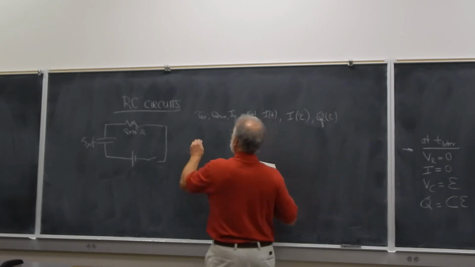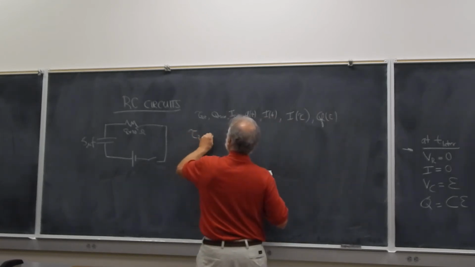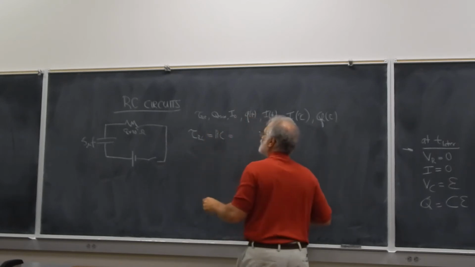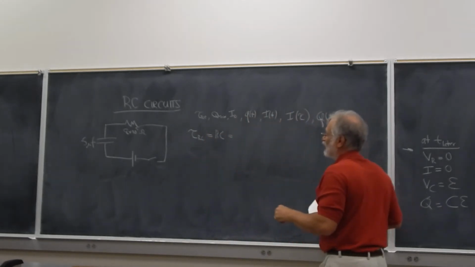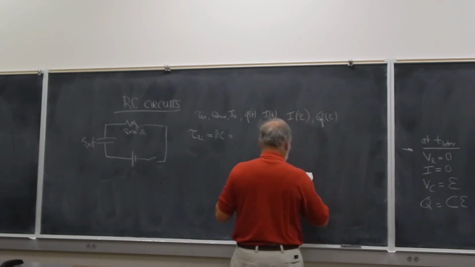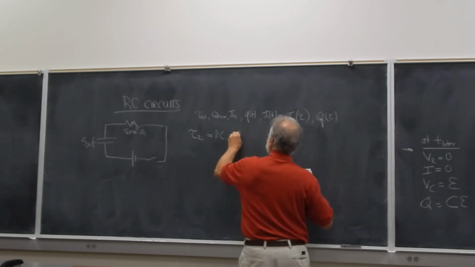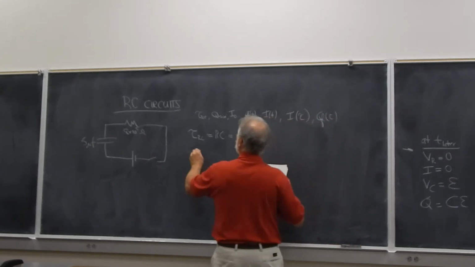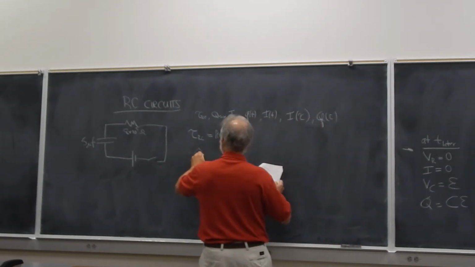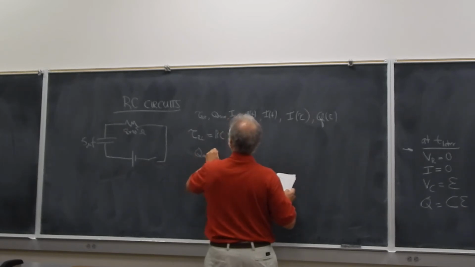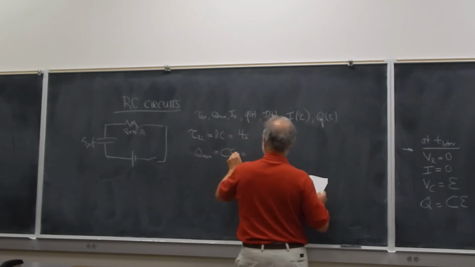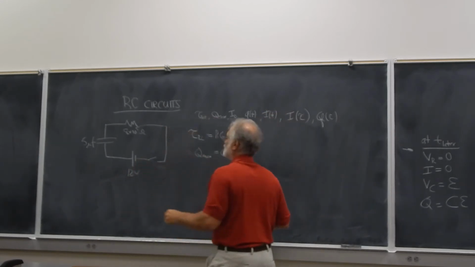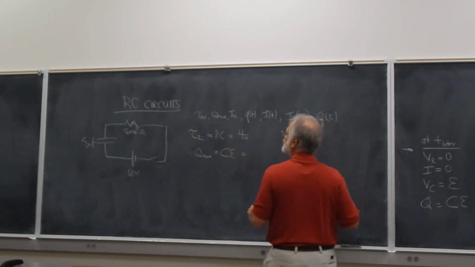So immediately, tau RC can be written as the product of R times C. So it's 8 times 10 to the 5th ohms, 5 times 10 to the minus 6 farads. And so that gives me a time constant of 4 seconds. Maximum charge is going to be equal to C times E. So that's going to be 12 volts, this is a 12-volt battery, times 5 times 10 to the minus 6 farads.